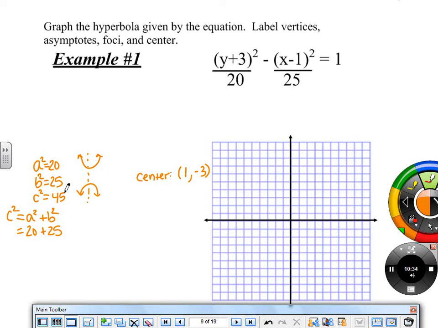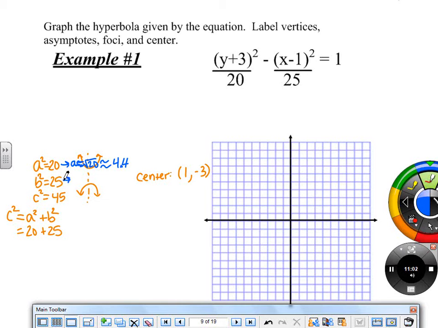So what this means for some of the distances that I'm dealing with is that I expect a to be about the square root of 20. It is equal to the square root of 20, which is about, okay? Well, it's more than 4 because the square root of 16 would be 4, but less than 5 because the square root of 25 would be 5, and just slightly closer to 4, so maybe it's like 4.4.